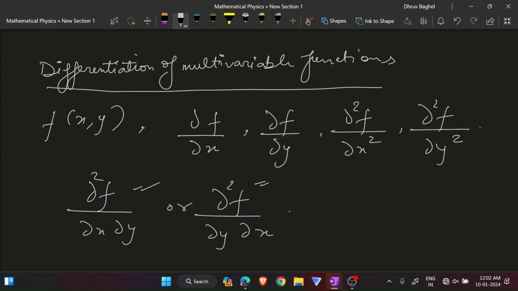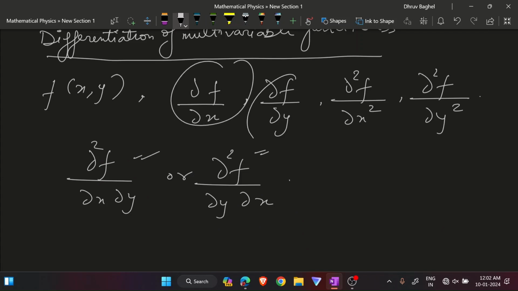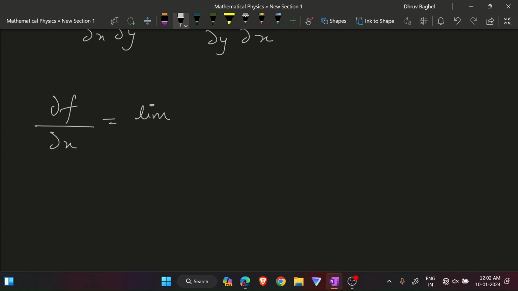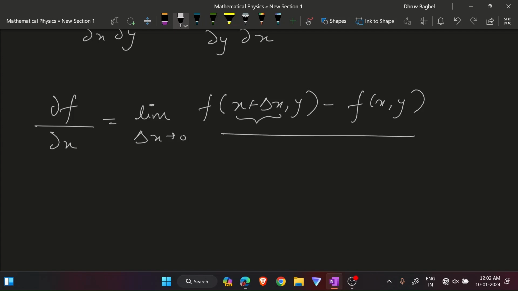So how will we define these? Suppose we are finding del f by del x, and this is defined as the limit as delta x tends to 0 of f of x plus delta x comma y, minus f of x comma y, divided by delta x. That is, we have incremented only the x coordinate.